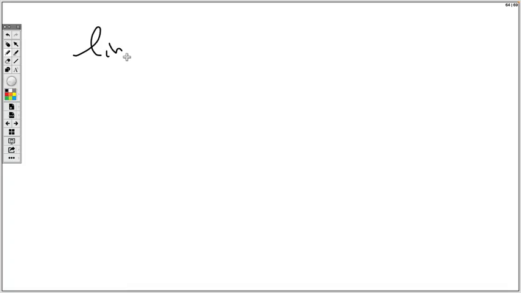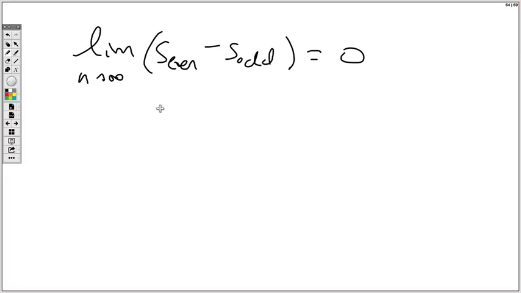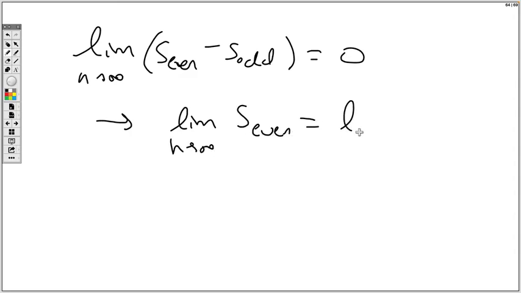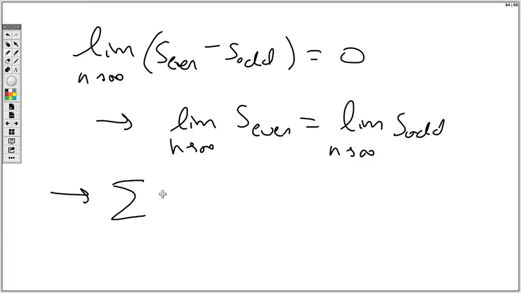So if I look at the limit as n goes to infinity of the difference between the even partial sum and the odd partial sum, that goes to 0, so this shows that the even partial sums go to the same place as the odd partial sums. And that means that the original series converges because the partial sums converge to some number.